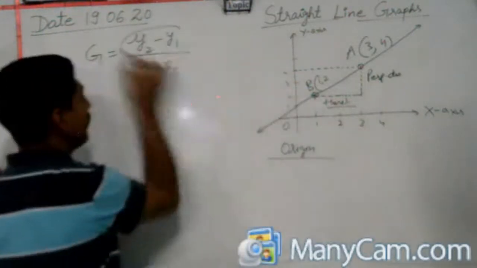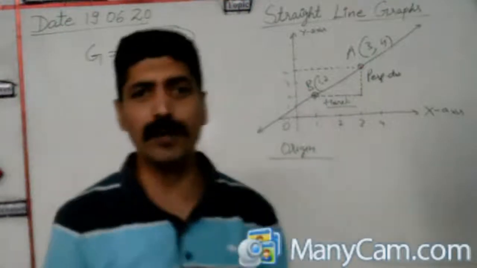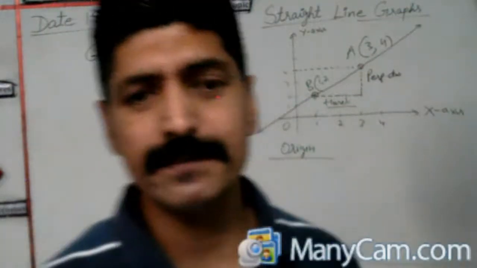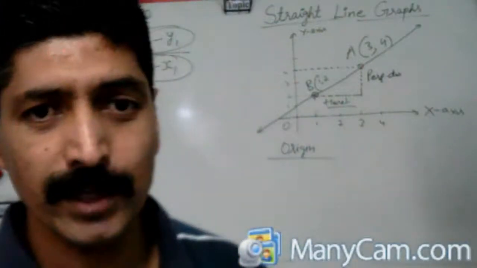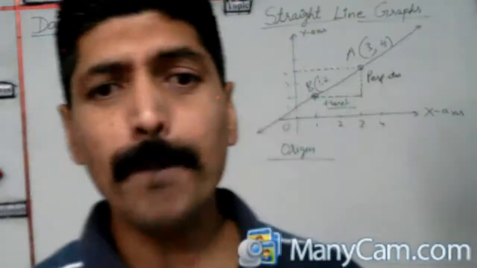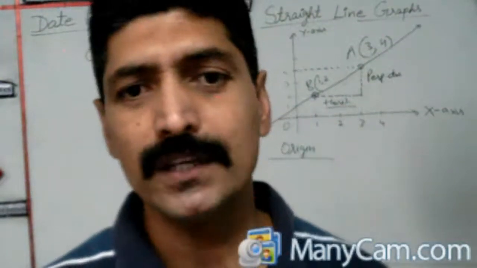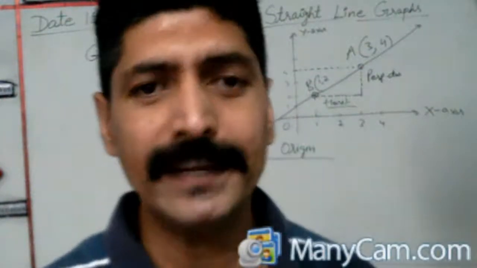This is the perpendicular distance and this is the horizontal distance between the 2 points, and as we know, it is represented by small m, that gradient, right? Now slope can be positive, negative, 0, or infinite.